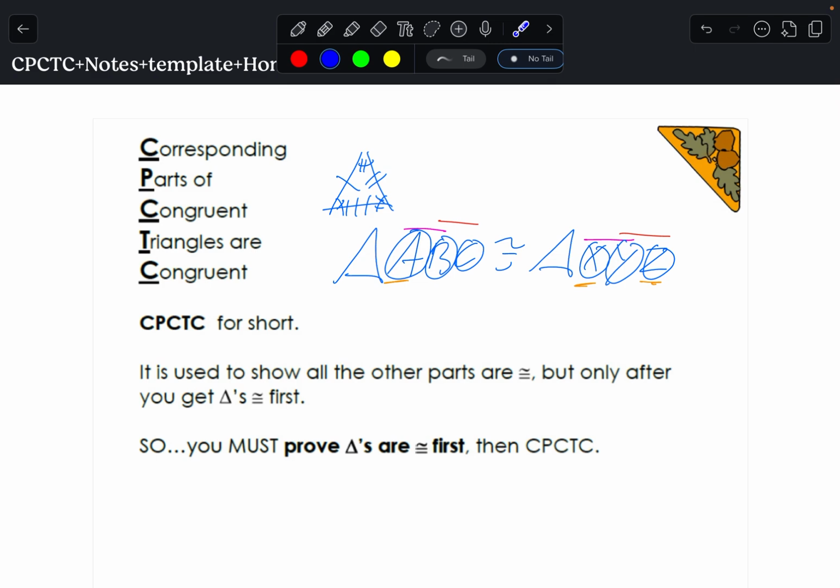But you need to first say that the triangles are congruent before you say that any other part is congruent. Once you have established that, then you can invoke CPCTC, corresponding parts of congruent triangles are congruent.